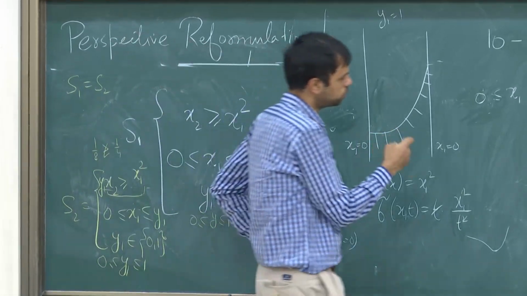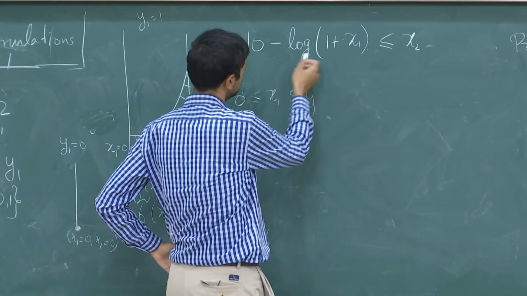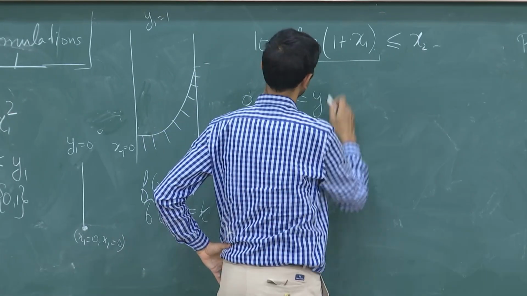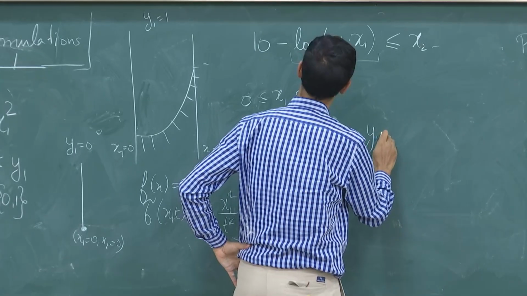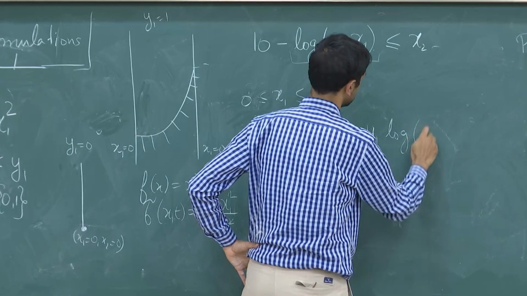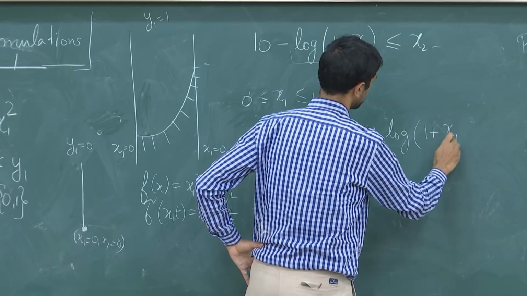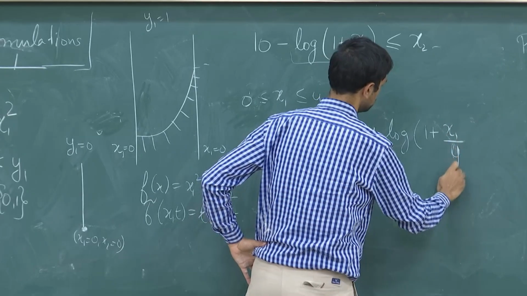The only issue is that this is your f, so this would become y1 times log of 1 plus x1 by y1.